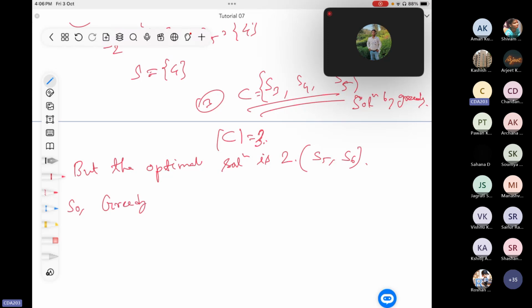The greedy algorithm is an approximation algorithm.